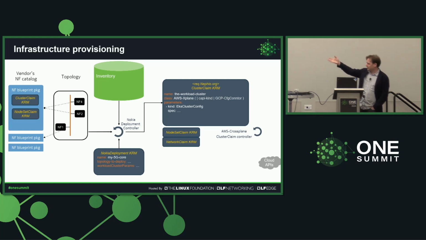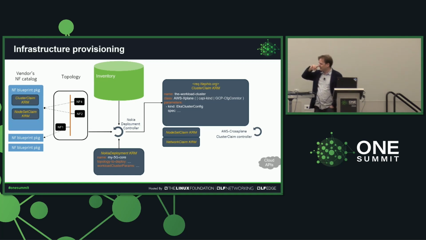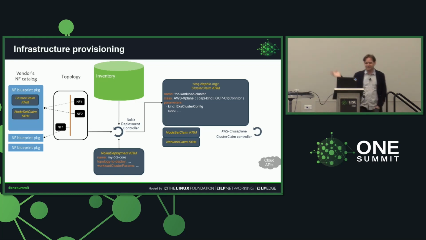So basically, the class here will select the provider that should be used to actuate this cluster claim. It can be something like an AWS provisioning via Crossplane. In the case of current Nephio, it would be something like a kind cluster via the Cluster API, but it can be anything like a GKE cluster via Google's own Config Connector classes. It can be anything, basically.